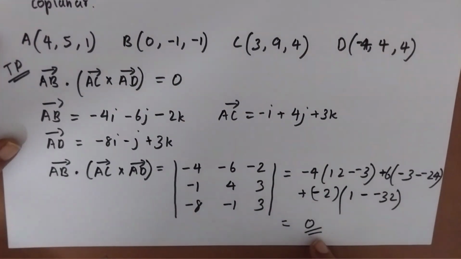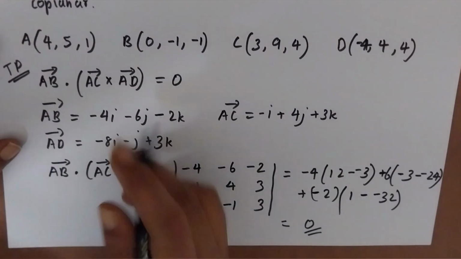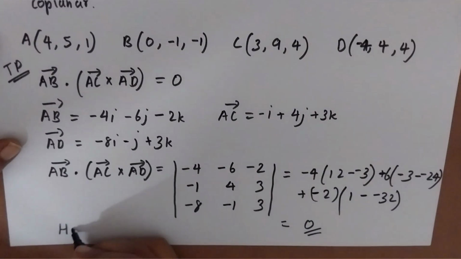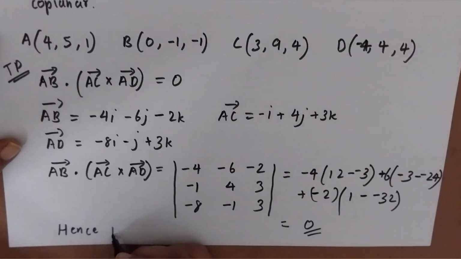When you calculate this, you will get the answer as 0. Hence, we have proved that these four points are coplanar. Hence proved.